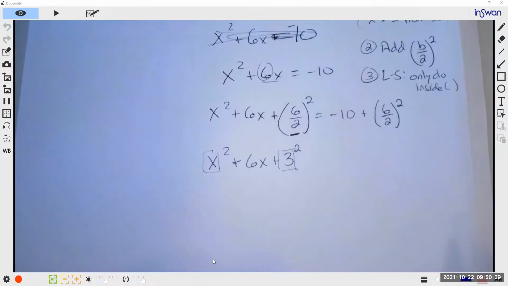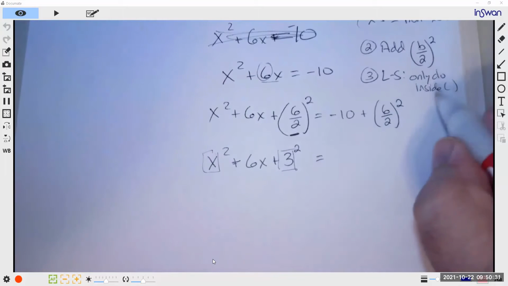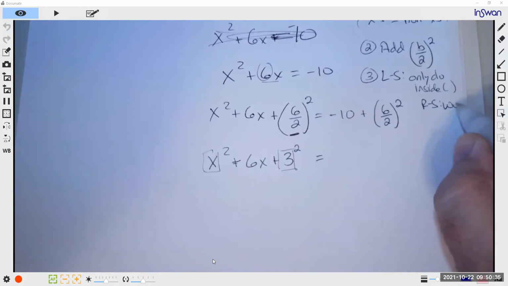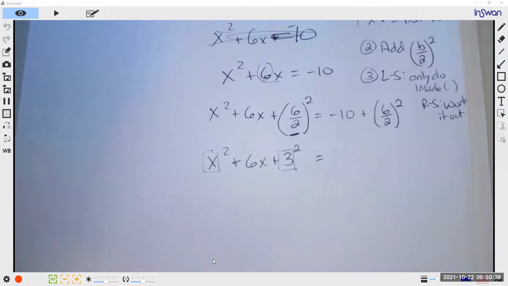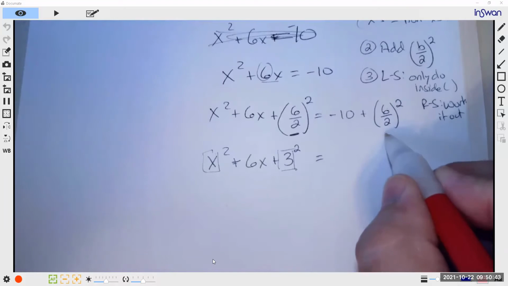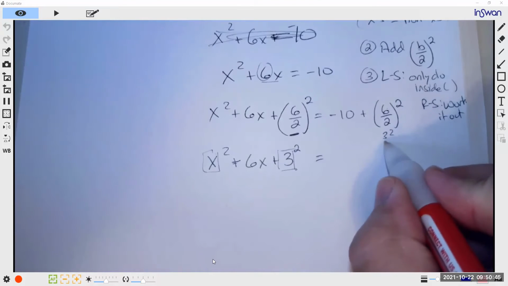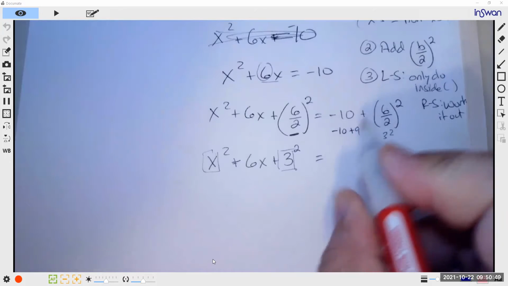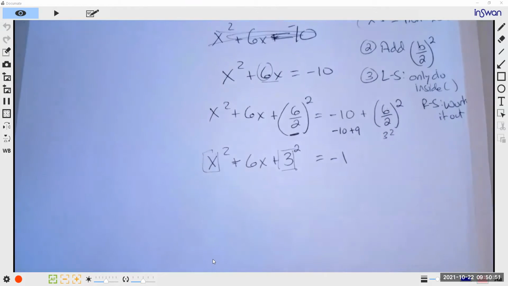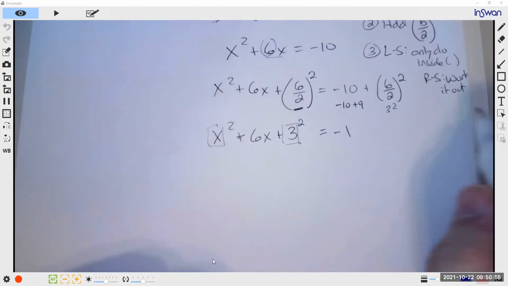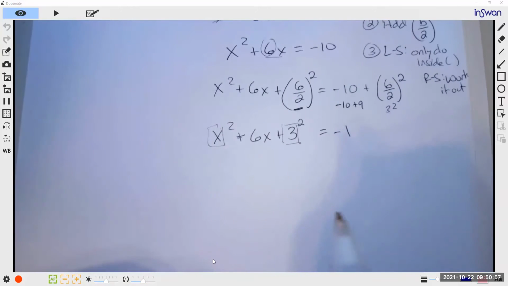We need those. The right side, work it out. 6 divided by 2 is 3. 3 squared is 9. So negative 10 plus 9 is negative 1. You have to get down to one number.